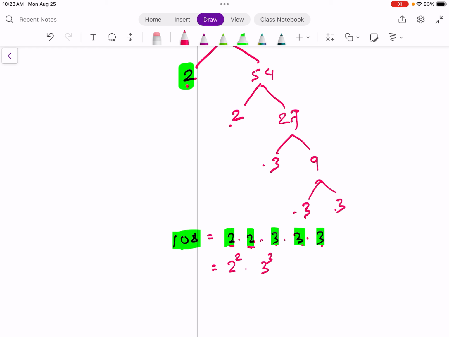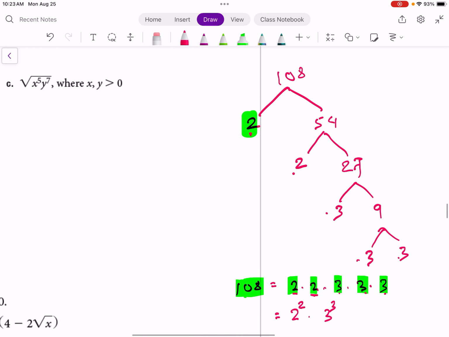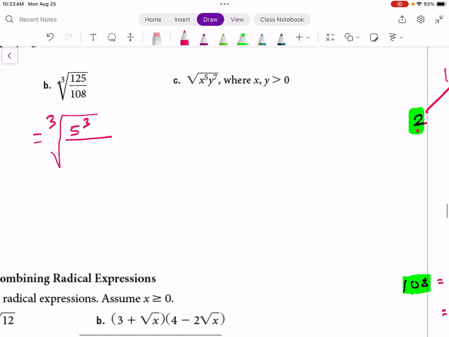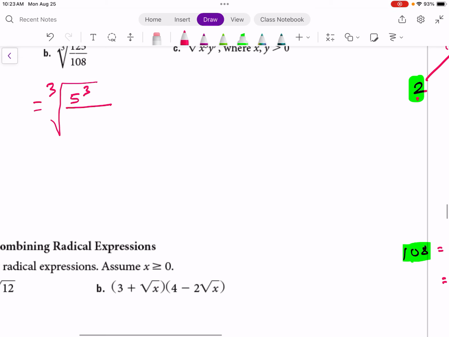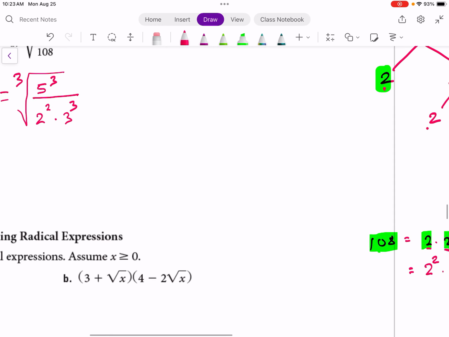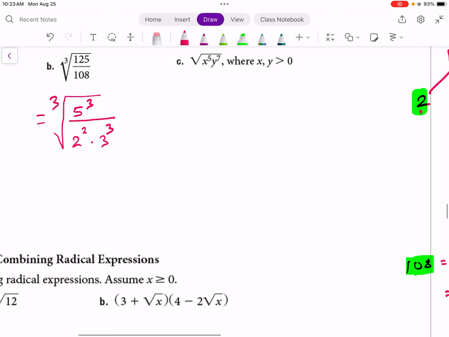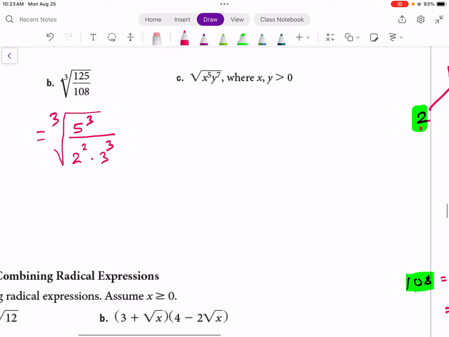Let's write that down. So our 108 is 2 squared times 3 cubed. So there is not a number whose cube is 108, not a whole number.